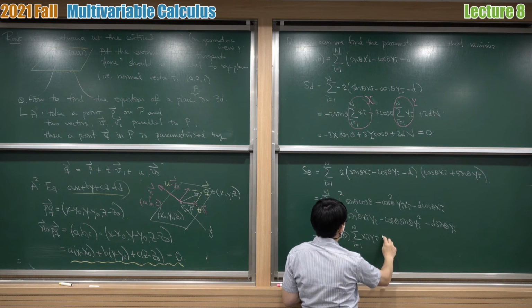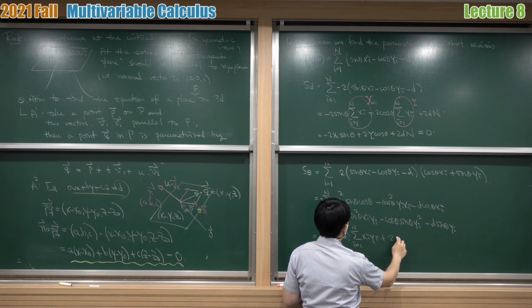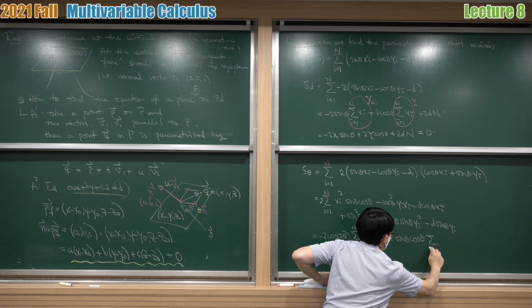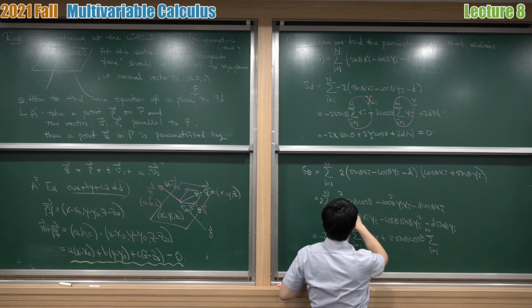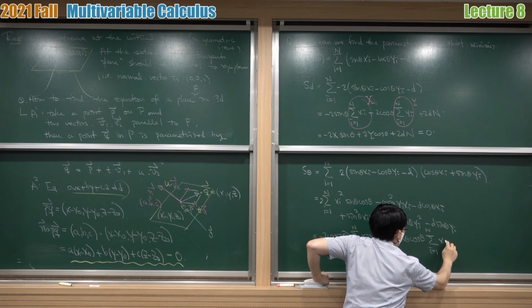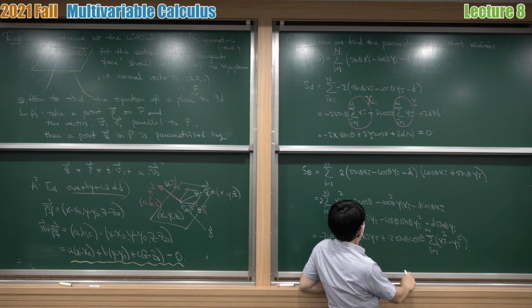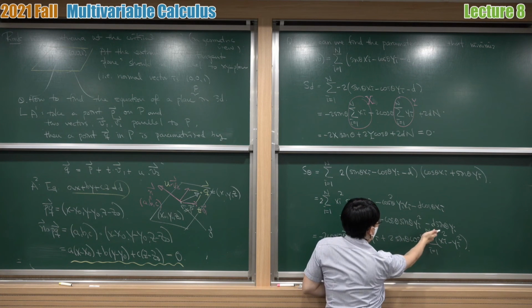That's 2 sine theta cosine theta times the sum from i equals 1 to n of xi square minus yi square. And what else? We have these two.